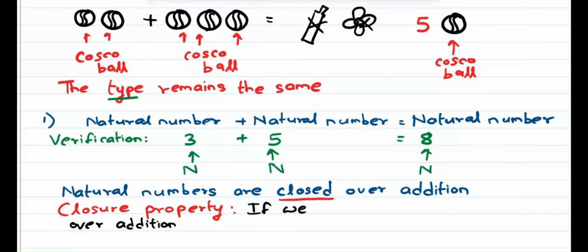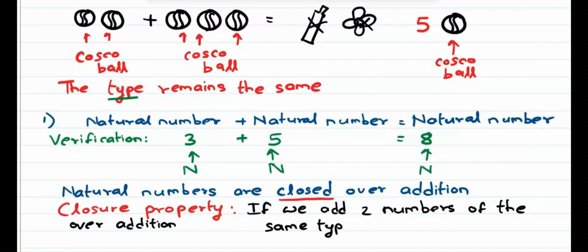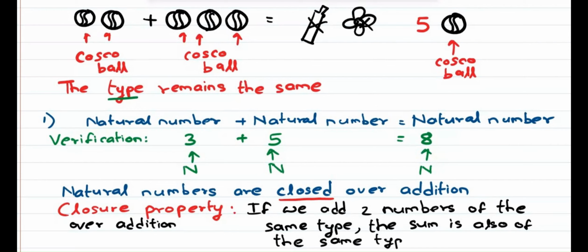If we add two numbers of the same type, Costco balls, the sum is also of the same type.